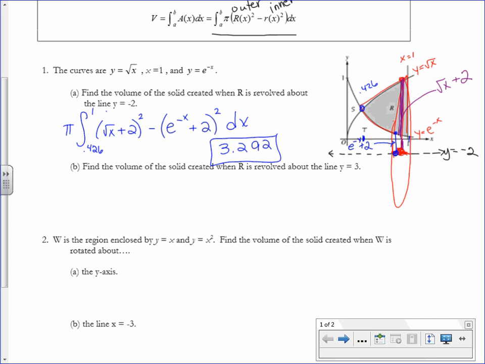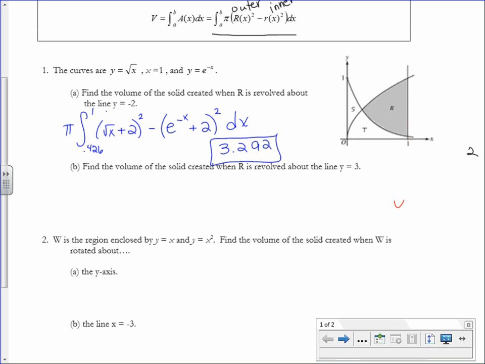Now what just happened? Let me erase and re-explain, because a lot of stuff happened all at once. To find the volume of a solid, you do pi times the outer radius squared minus the inner radius squared, and then you do the integral. If I'm revolving around y equals negative 2, my outer radius is this red line right here.